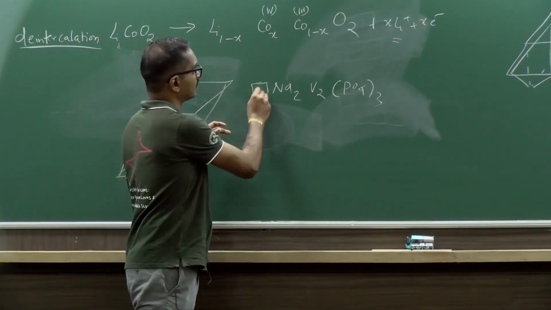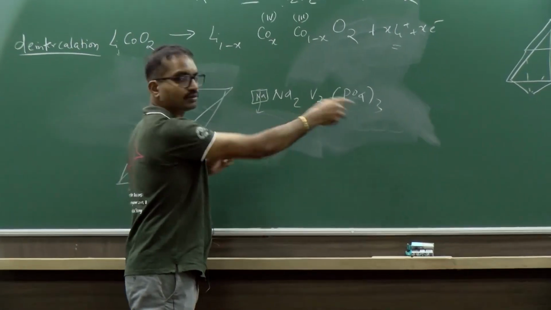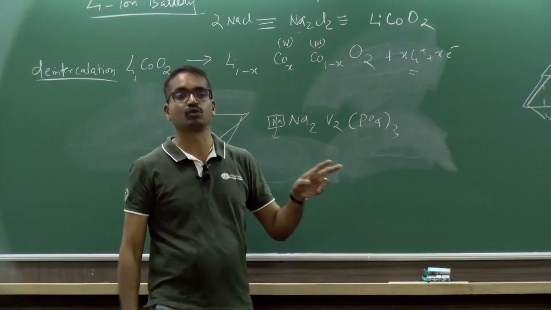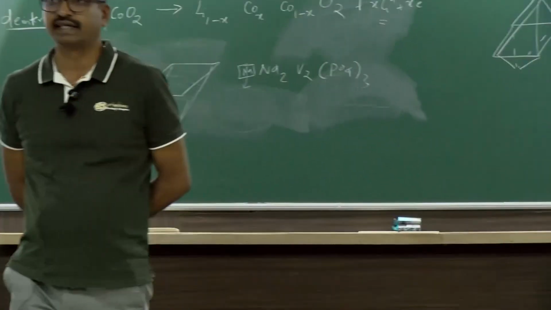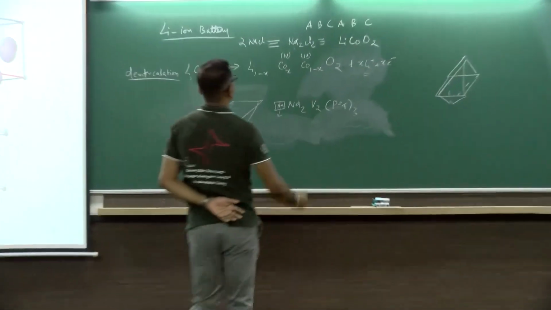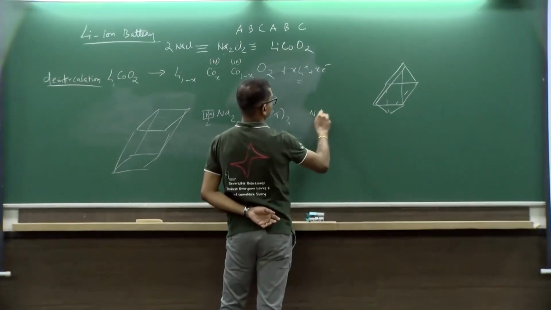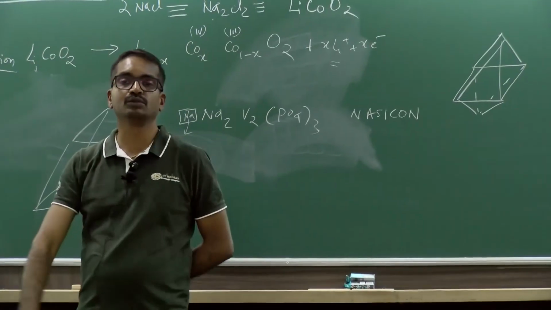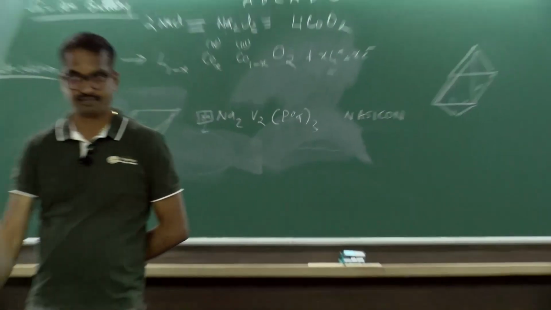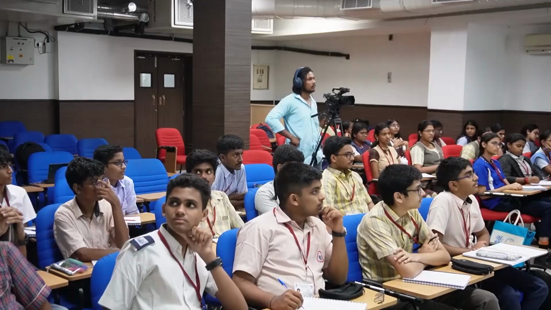Na3V2(PO4)3 is actually called NASICON, sodium superionic conductor material. This is a material used in batteries. This is NVP, sodium vanadium phosphate.